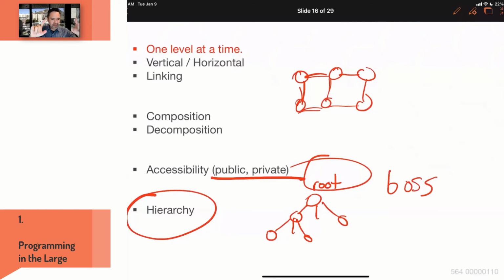We need to talk about that public and private between the root and the others, but it is something that is going to happen. And the abstraction of using a tree or a hierarchy when you are programming is exactly the same abstraction that you use in other aspects of life. You do not want to talk with everyone in ASU.